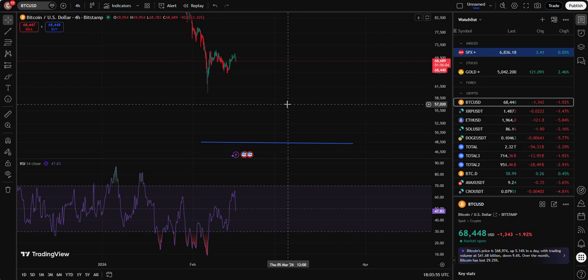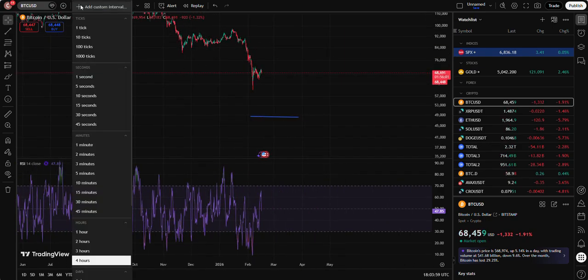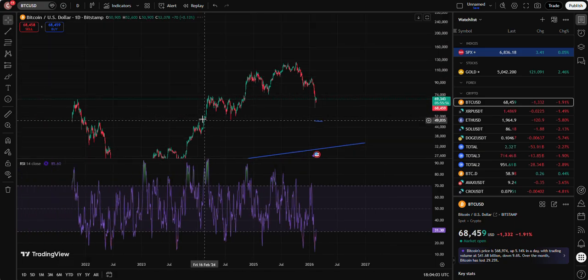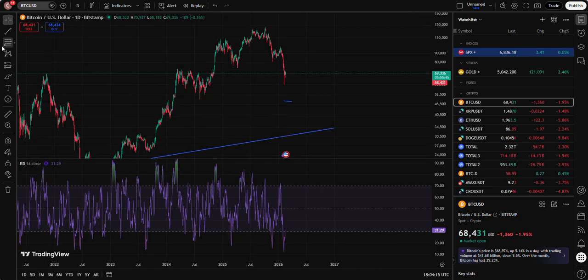Let's make it a little bit on daily. This point is a little bit below this point. So here the liquidity from here can be taken. Let's do some Fibonacci.